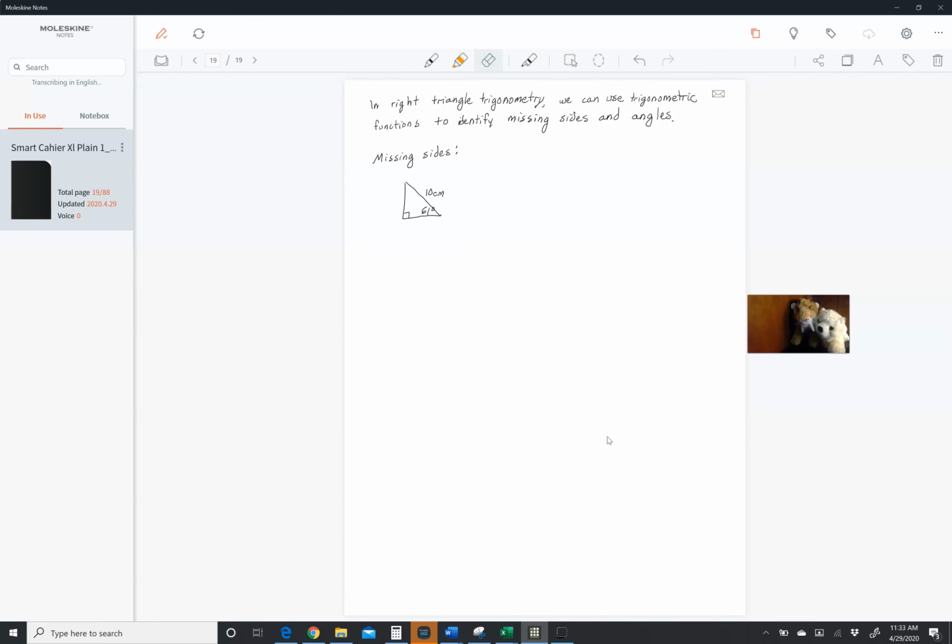This is obviously not drawn to scale. And you want to find this side, and we'll call that side x. So notice we use x. We would not use theta here because theta is only used for angles, and this is a missing side.